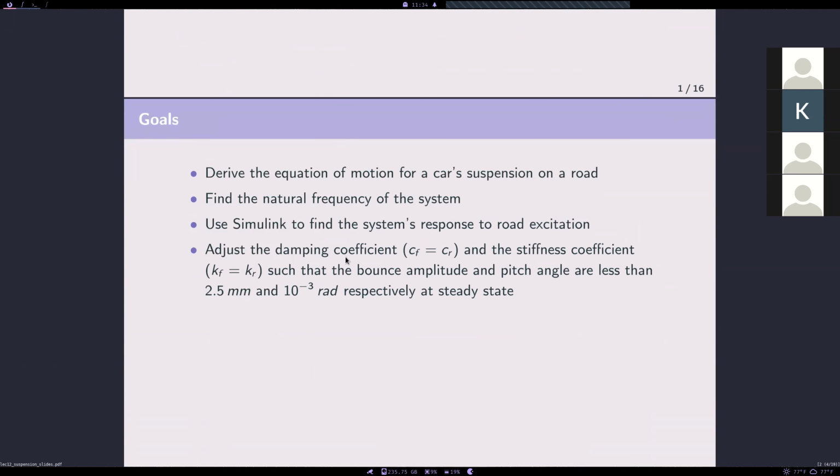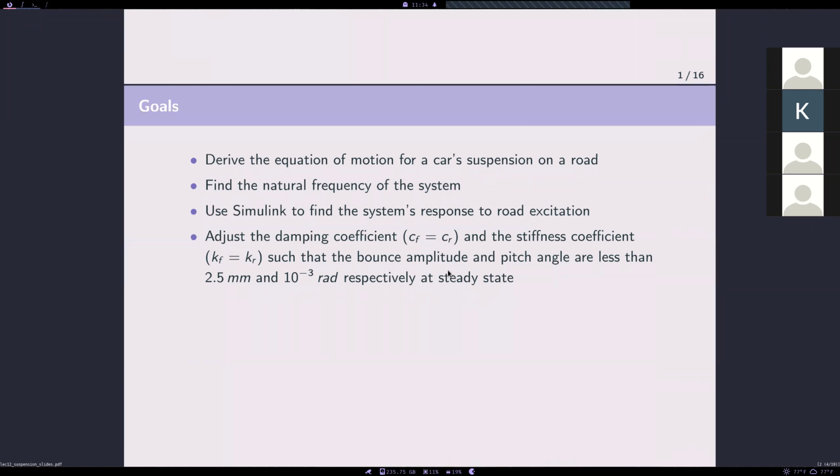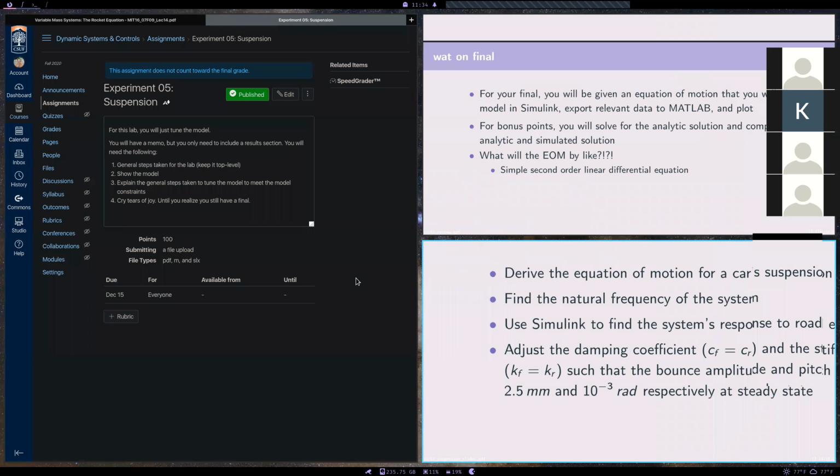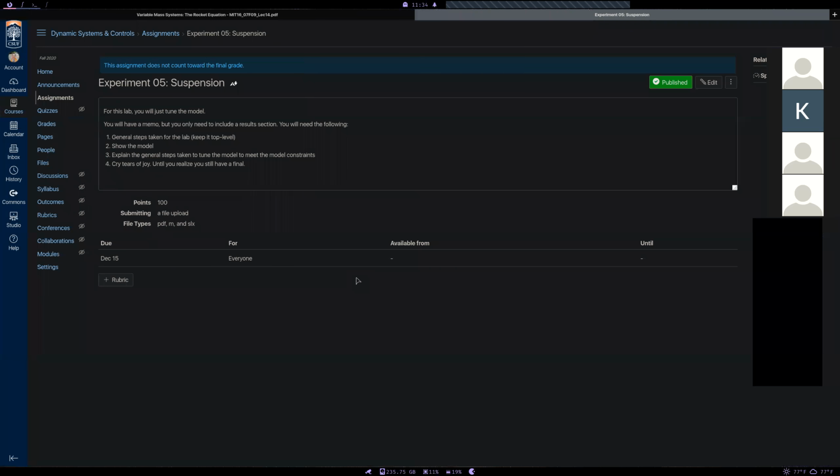We had to adjust the damping and the stiffness coefficient so our bounce amplitude and the pitch angle were less than 2.5 millimeters and 10 to the negative 3 radians, respectively, at steady state. So you only had to adjust your model for the damping and the stiffness to meet these constraints. Okay, so you're going to do that, and really that's it for the most part.